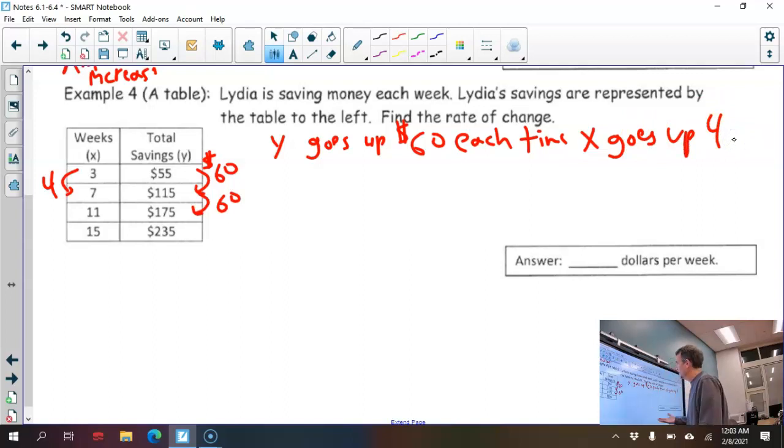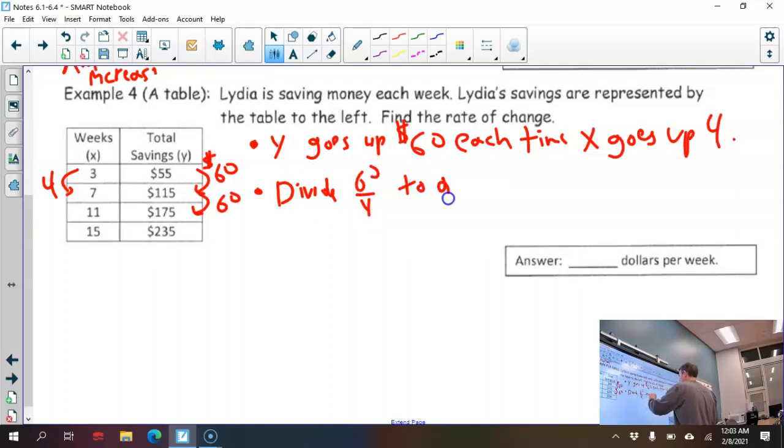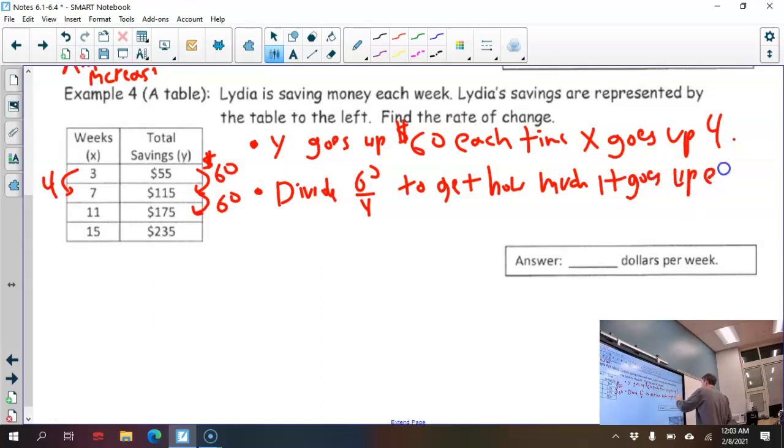Well, if y is going up 60 when x goes up 4, how much does y go up each time? So I could divide 60 by 4 to get how much it goes up each time.